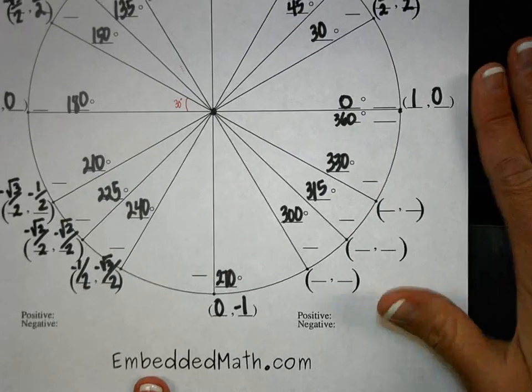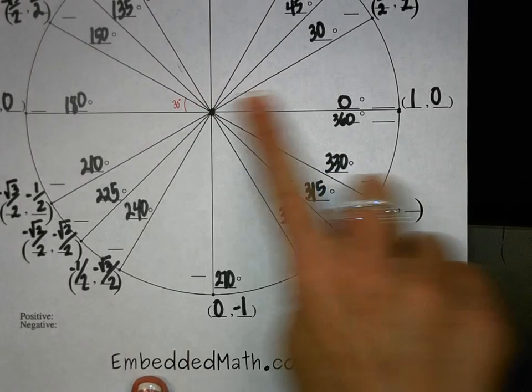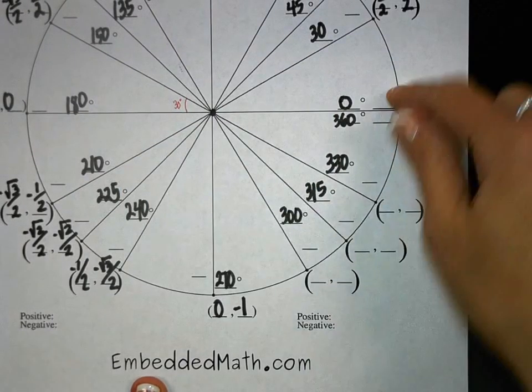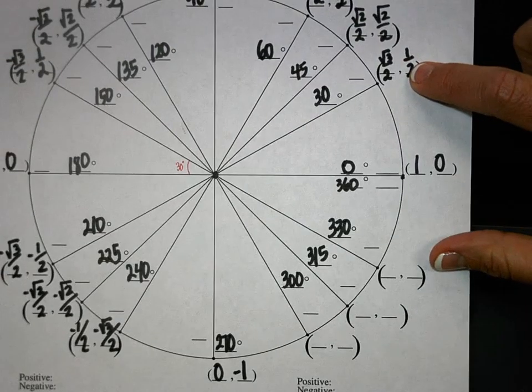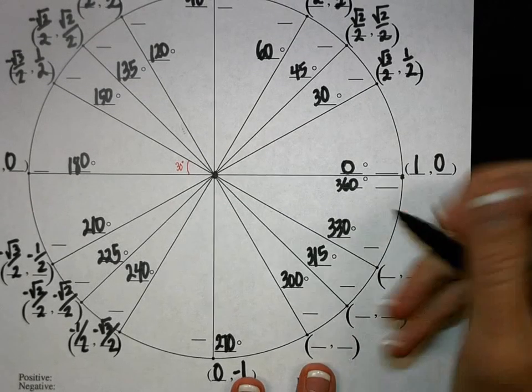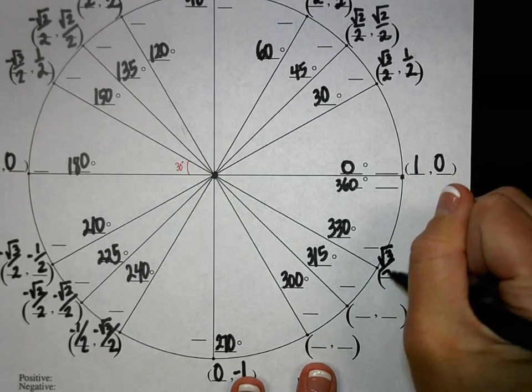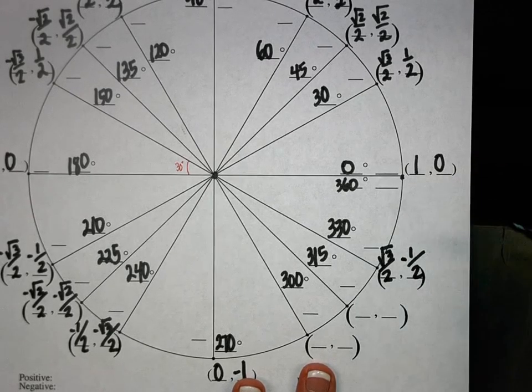So what's going to happen in the fourth quadrant? Our x is positive, but y is negative. So looking at these points up here, this point right here is going to be root 3 over 2, comma, negative 1/2, because our y is negative.